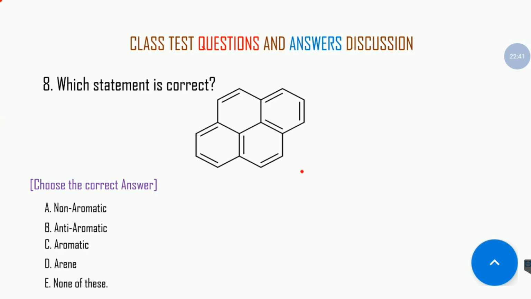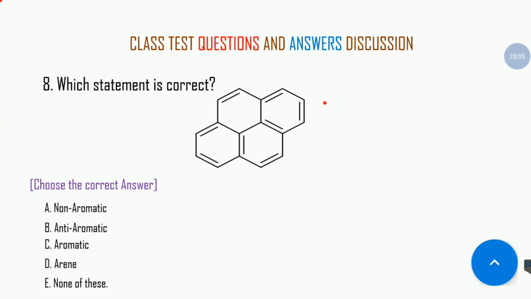You can see that it's a cyclic compound, it maintains conjugation, and it also has planarity.